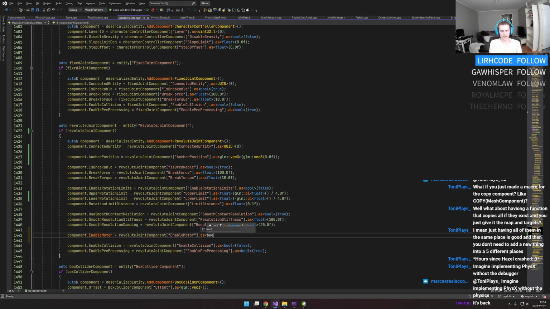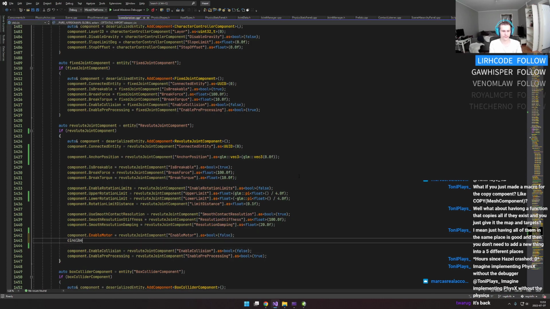But I'm probably going to be working quite a lot on this in the coming months, because there is quite a lot that I need to take care of before rigid bodies are feasible, and then I'm probably going to spend a lot of time tweaking it and making it just be perfect. Motor target velocity.